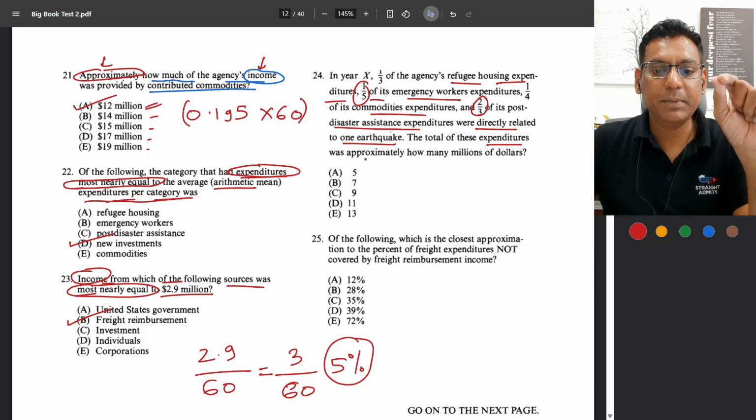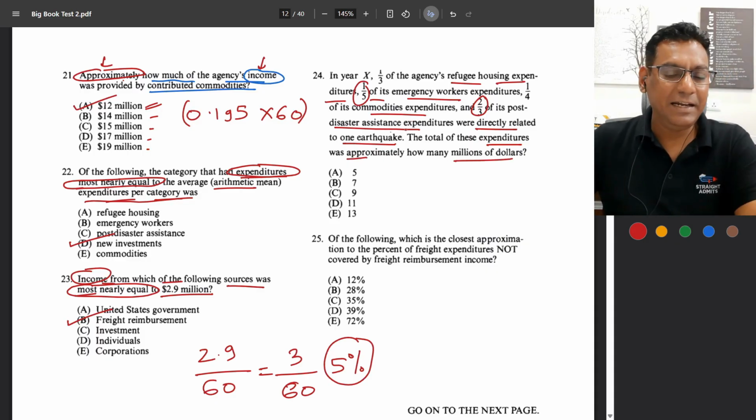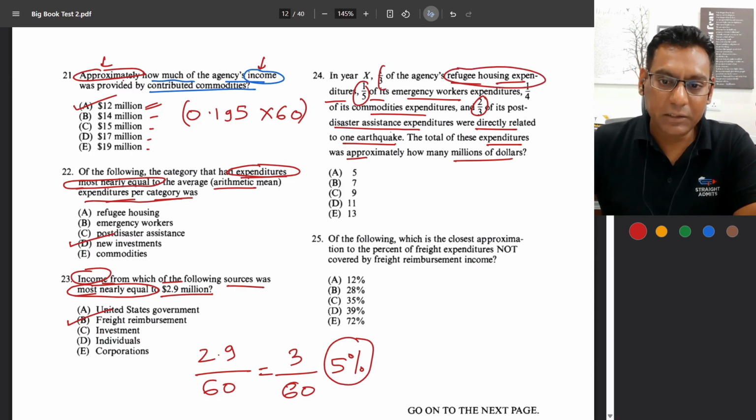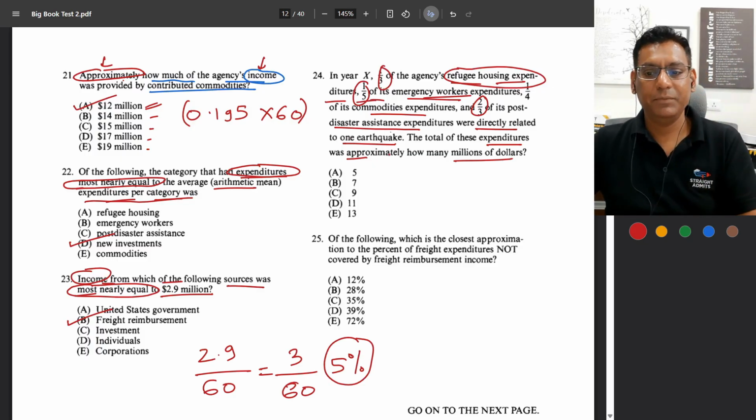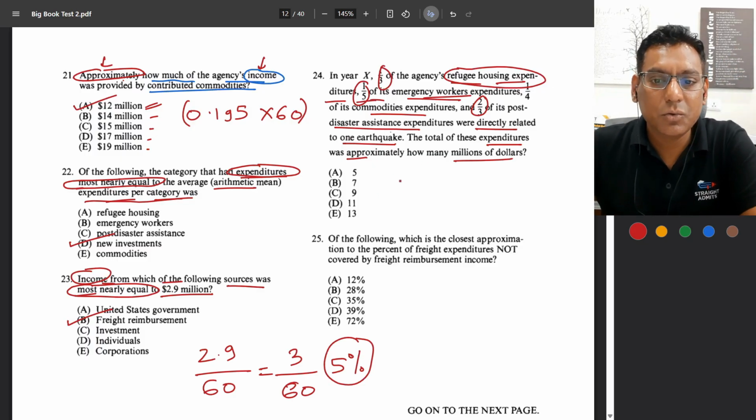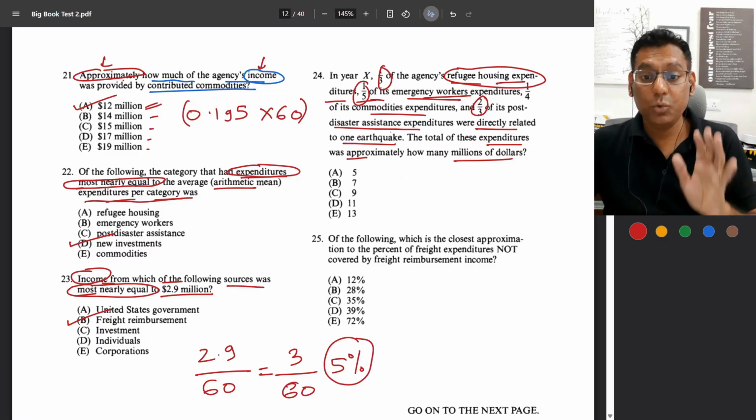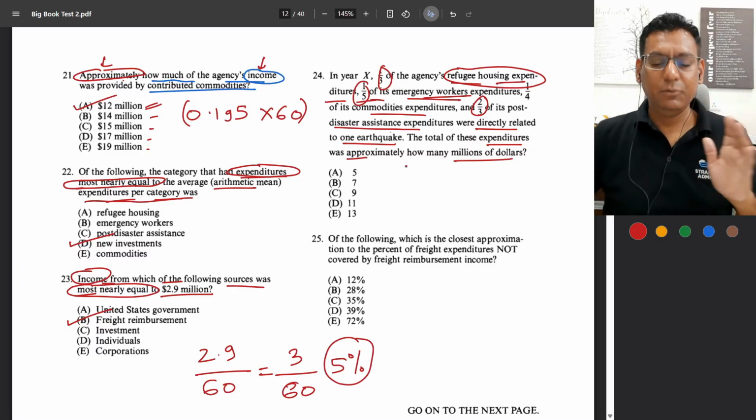The total of these expenditures was approximately how many millions of dollars? This is a very tedious one, not a big fan of this. Basically what we will have to do is find out the refugee housing expenditure and take one third of that, find out emergency worker and take one fifth of that, and all that. This is very tedious, very prone to calculation error.